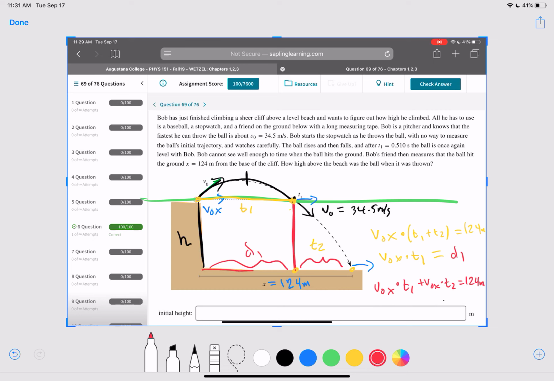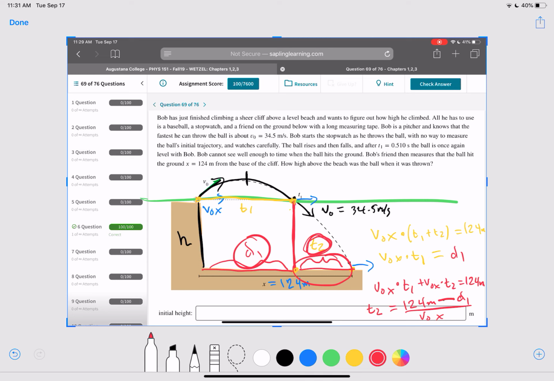That's just saying rate times time plus rate times time equals distance. Now we can say that t2, the time it takes to go from here, is equal to 124 meters minus d1, whatever this distance ends up being, divided by v0x, your initial velocity. If you do that, you can figure out this time.